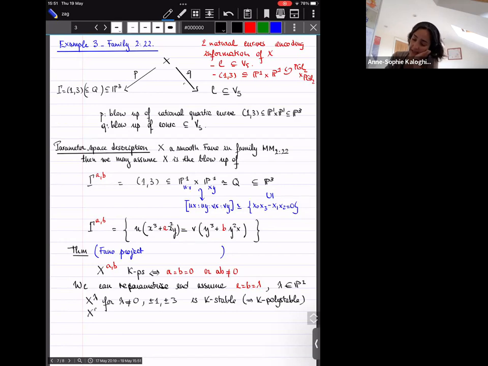That X_0, so λ equals 0, is K-polystable. That the two singular Fanos that correspond to plus minus 3 degenerate to X_0, have a degeneration to X_0. So they are strictly K-semistable.